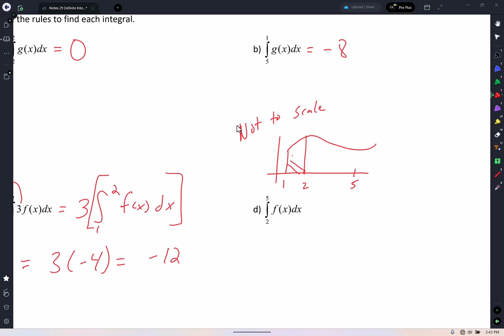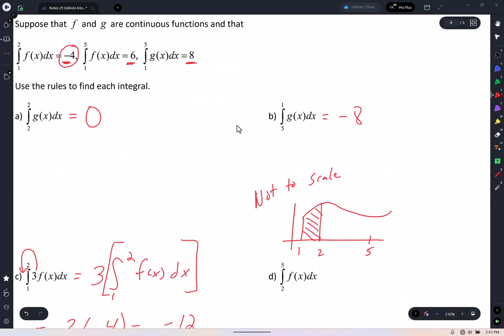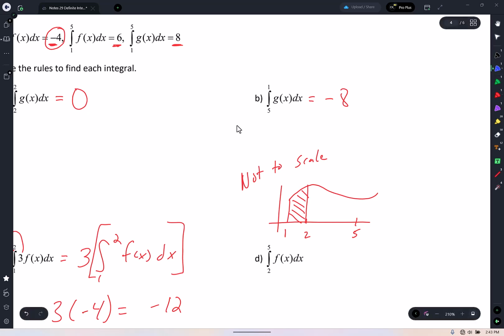If they give you the area 1 to 2, and 1 to 5 is the other one, and they give you the area in the blue from 1 to 5, how do I get, you know what, let me color it a color. Let me color it purple.